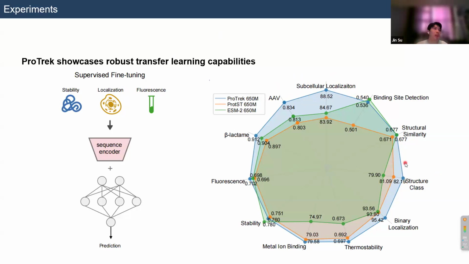This means ProTrek has robust transfer learning capabilities, so ProTrek can also be used for property prediction after fine-tuning, like ESM-2 or ProtST for supervised fine-tuning.